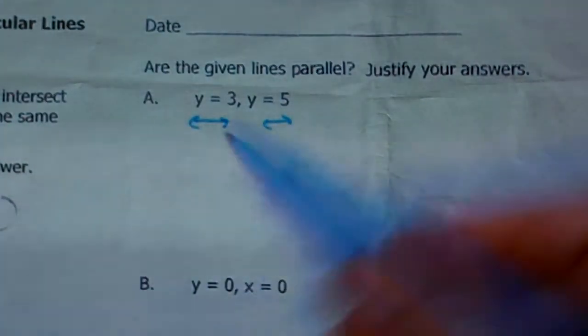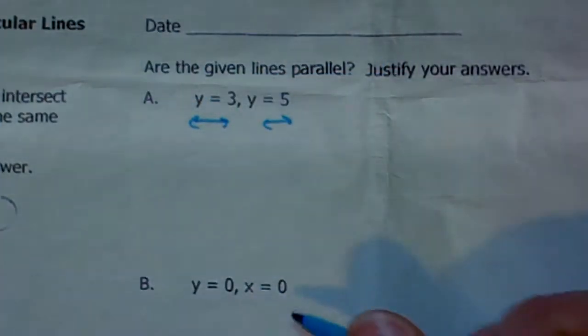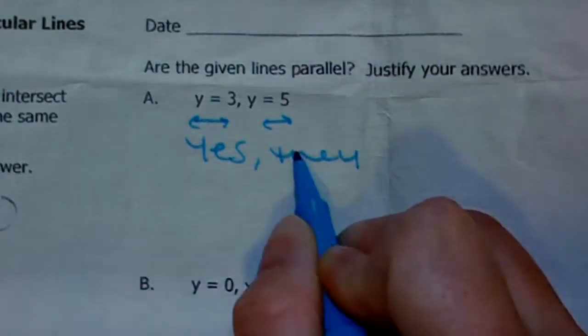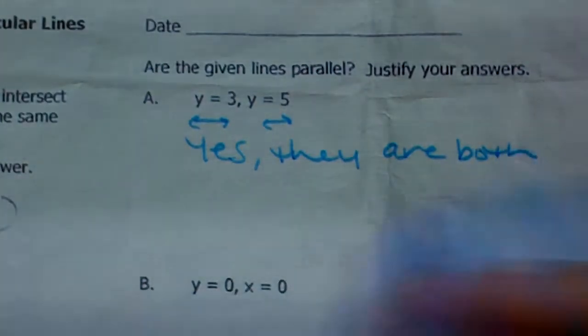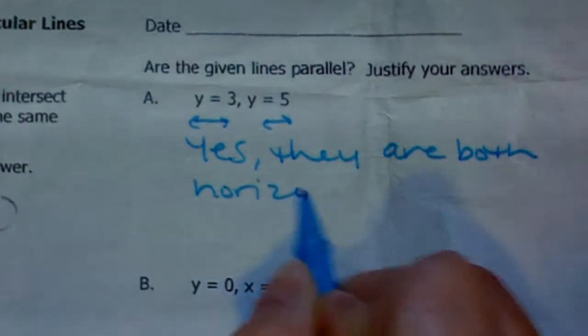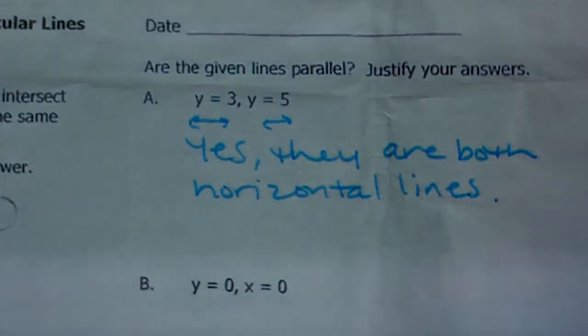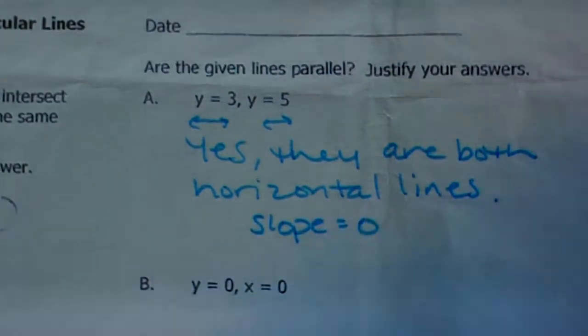One's going to cross at 3, the other's going to cross at 5. They're never going to touch. So are these parallel? Yes. And the proof, they are both horizontal lines. That means they share the same slope. Do you remember the slope of a horizontal line? It is 0. Slope equals 0.